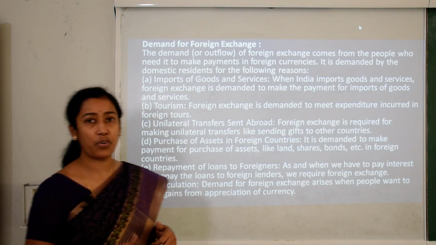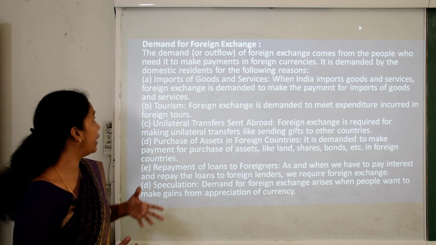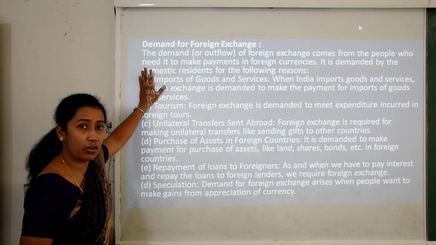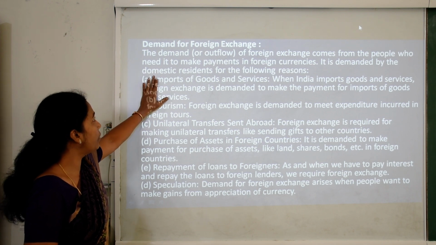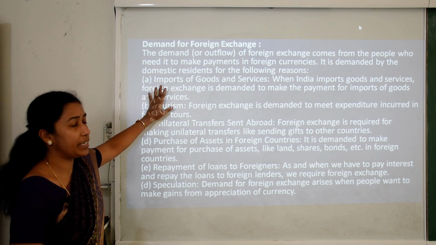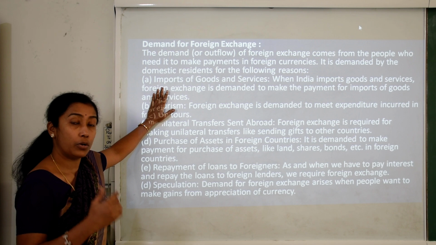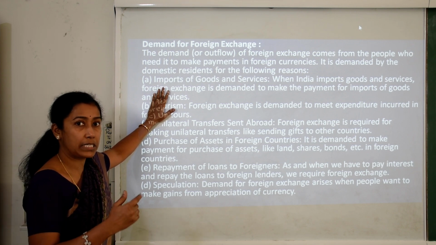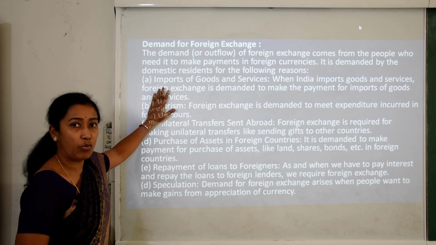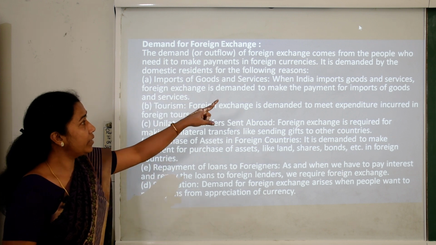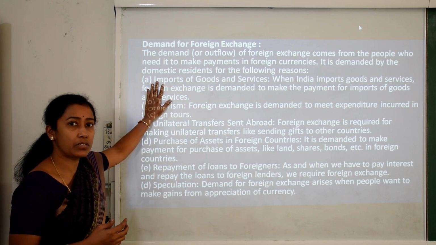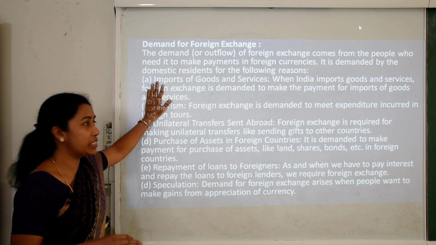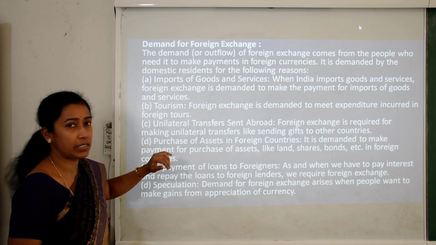Now, the demand for foreign exchange, how do we have this system? The demand for foreign exchange, or outflow of foreign exchange, comes from the people who need it to make payments in foreign currency. That means those people who need to make payments in foreign currency require this outflow of foreign exchange, and it is demanded by domestic residents. This demand is raised by the normal residents of the country for the following reasons.